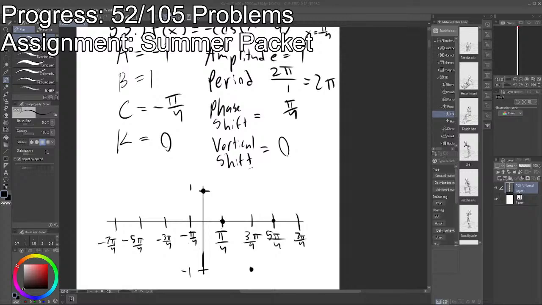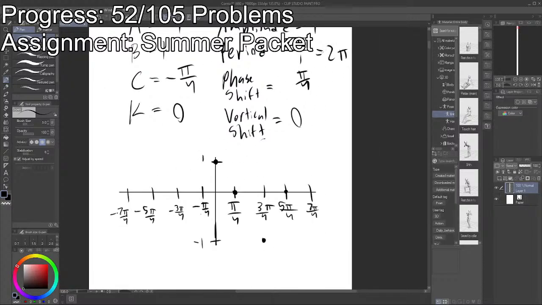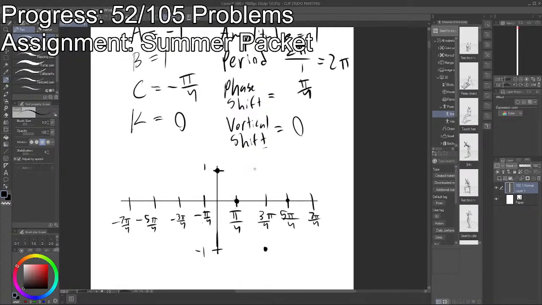I said that this graph is... Oh wait, no, I'm fine. Oh, that's why we did pi over 2. Because 4 of those, like 1, 2, 3, 4, and then you get 2 pi. Oh, we're chilling. Easy. Alright, that makes sense.